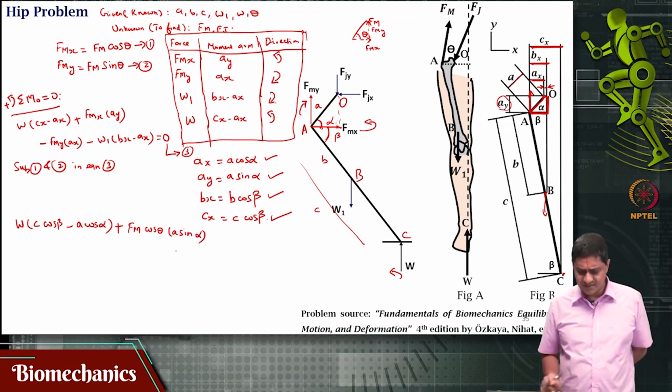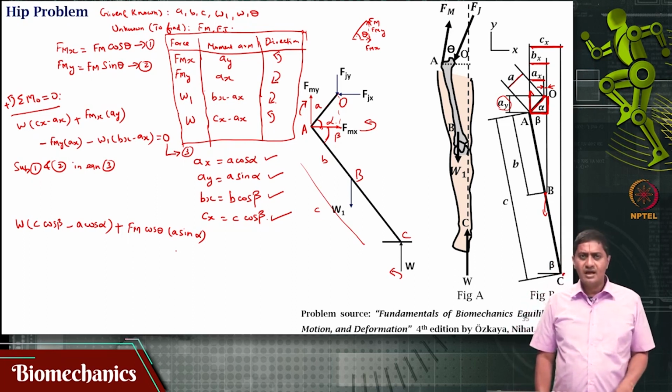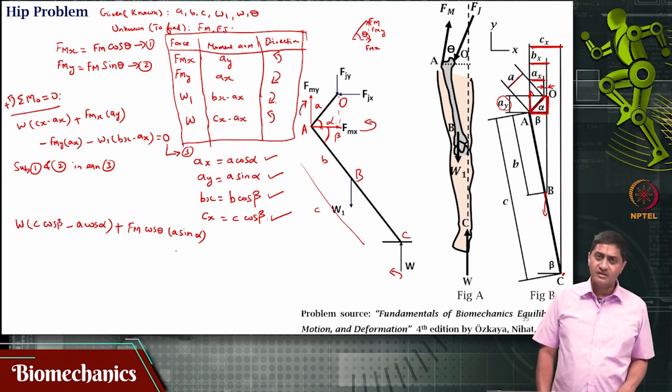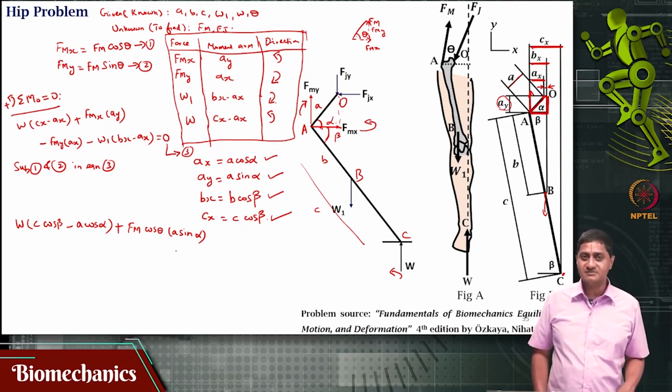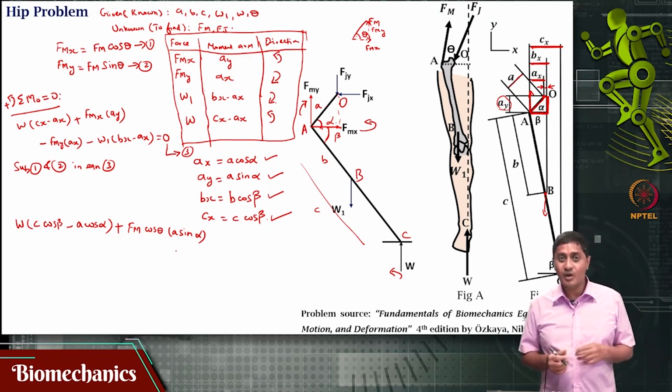Why am I having this theta and alpha? I am having an x component of force and a y component of the moment arm. That is why I am having an alpha and a theta. I am having a sine of alpha and a cosine of theta. All these things, it looks scary. This is because a y component of the moment arm is multiplying, working with an x component of the force.